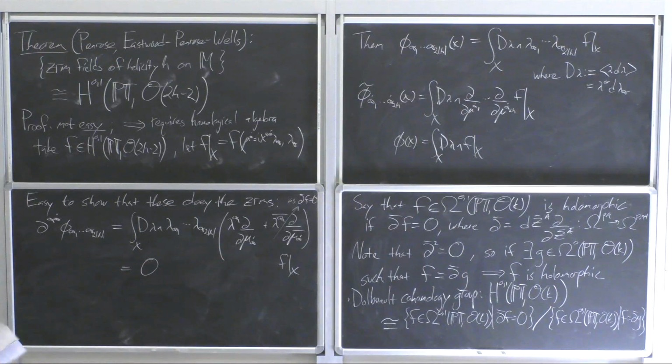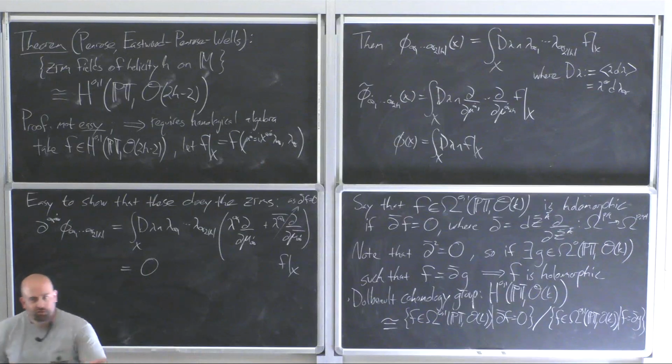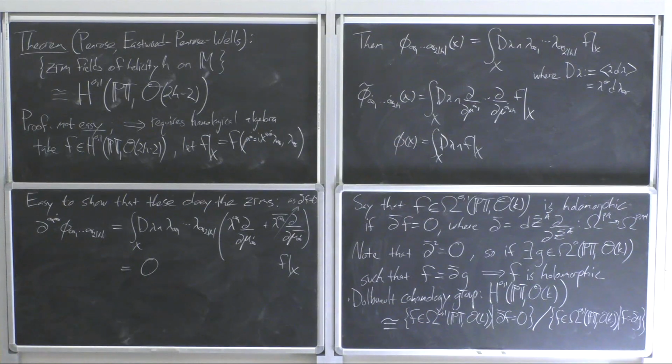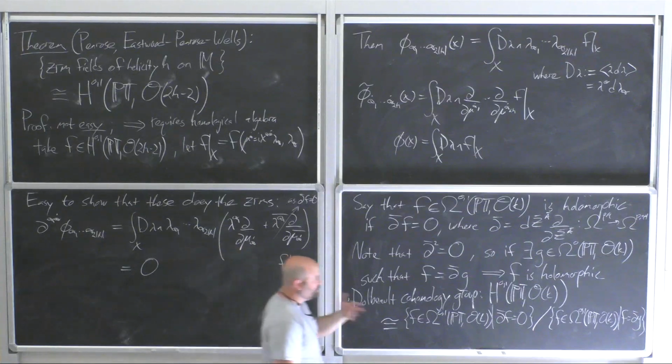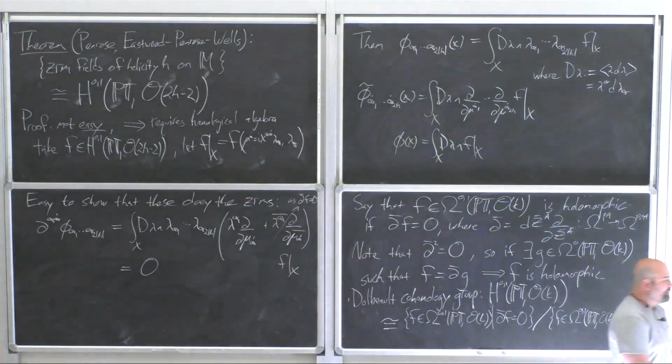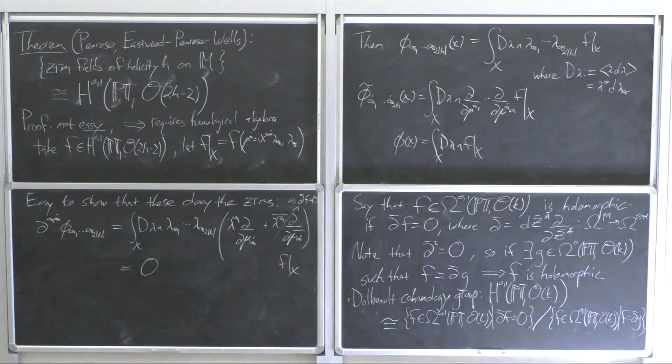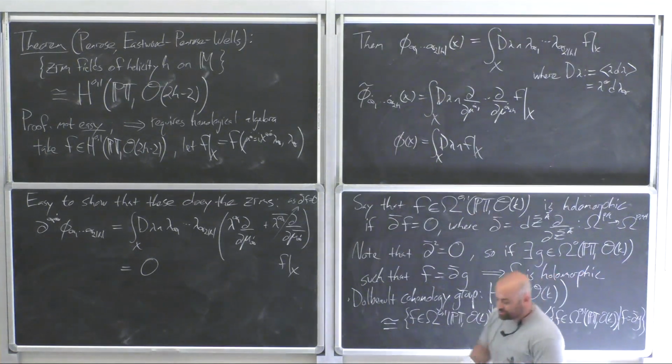But the thing I'd like to end with is: how do you actually use this in principle? We spent the first lecture on celestial holography talking about how, if we're doing scattering amplitudes, we need explicit solutions of these zero rest mass equations to plug in as the external states in our scattering process.